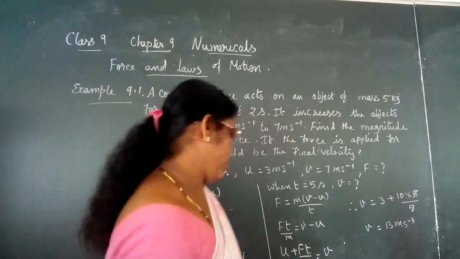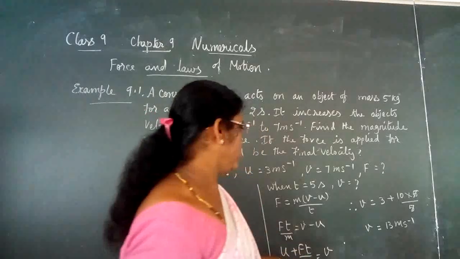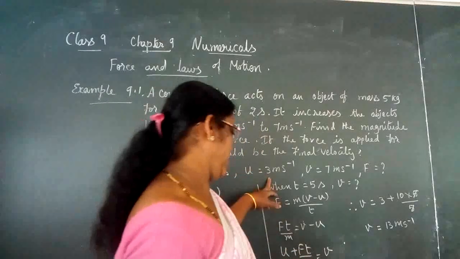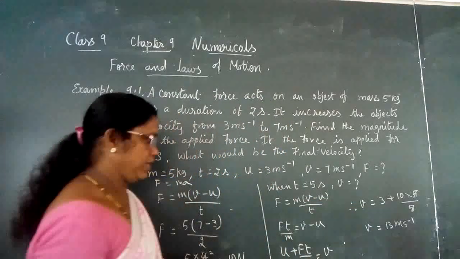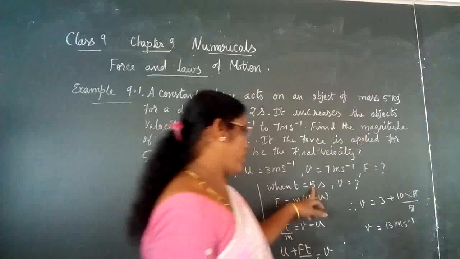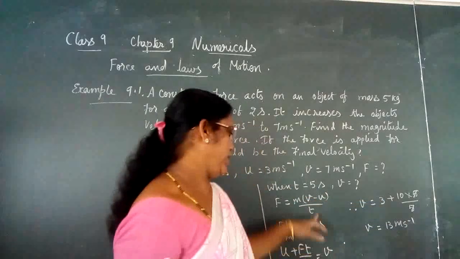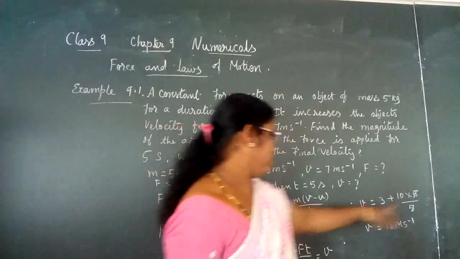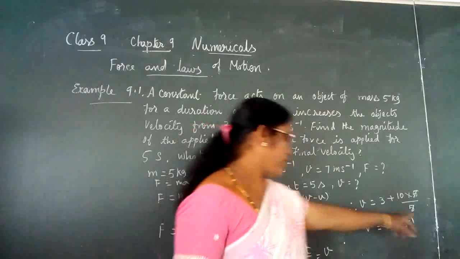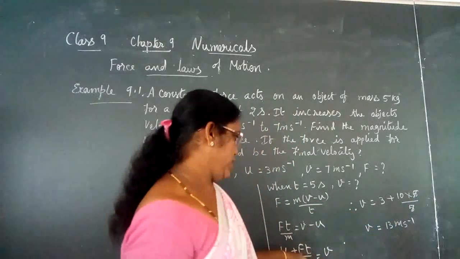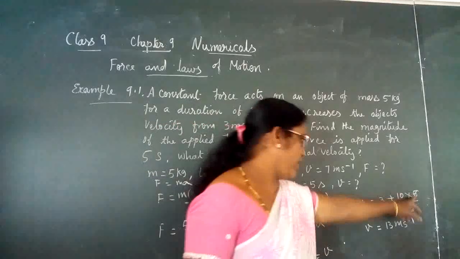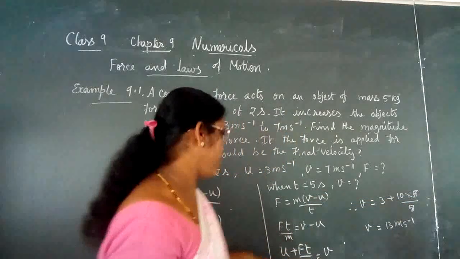So now we are going to write what is u? u is 3 plus f is 10 into t is 5 divided by the mass. Here what is f into t? f is 10, t is 5 divided by what is the mass m?